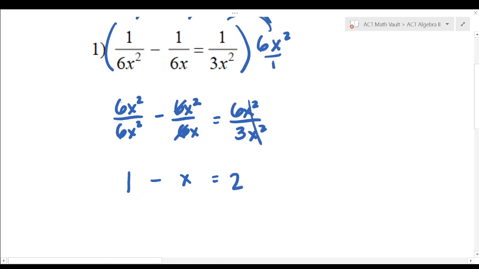By the way, one thing on canceling, if I had 6x over x, say, that would simplify to be 6 because the x's cancel. However, one thing that people really confuse that with is 6 plus x over x. Nothing cancels in that situation.